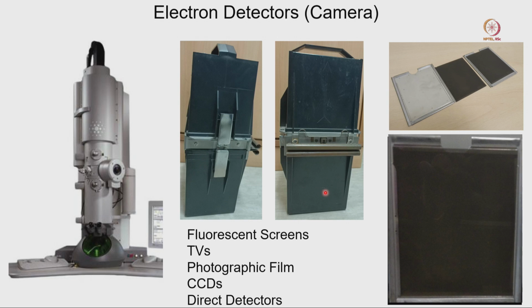And when the electron dose is very low, our photographic film should be very sensitive to record the data. If it is not very sensitive, it will be very difficult.